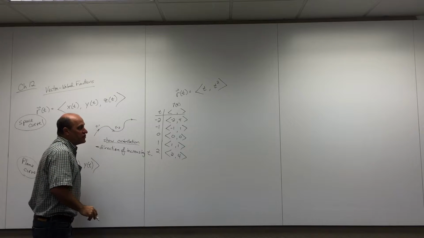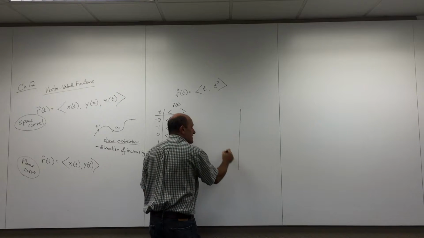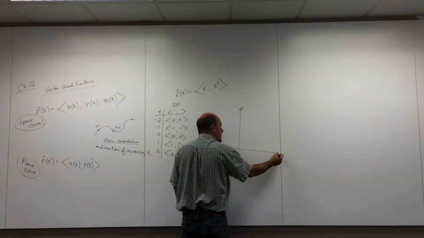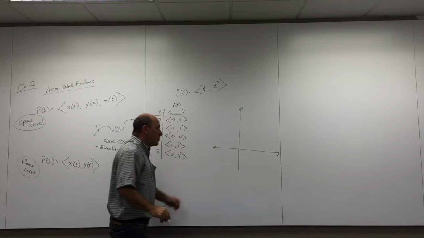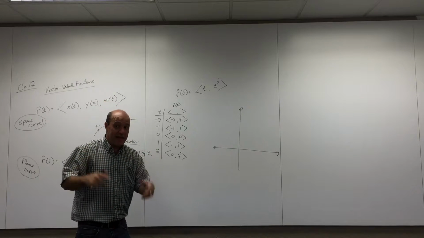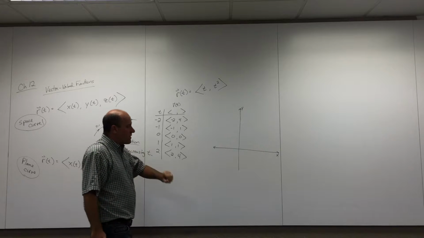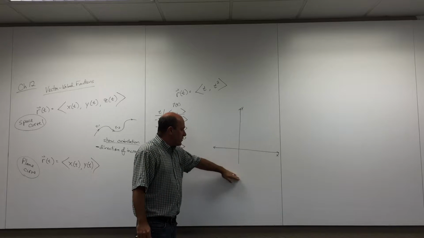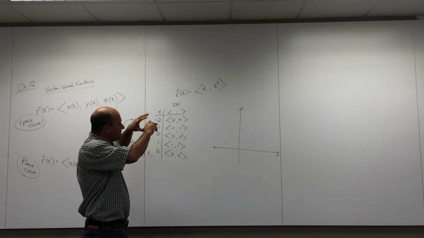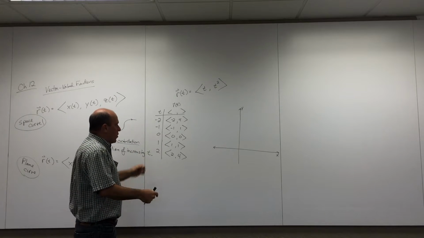What I'd like to do now is show you how you plot this, in the xy plane. This is almost exactly like parametric equations, where you plug in t's and you get x and y values, but here it's structured in the form of a vector.